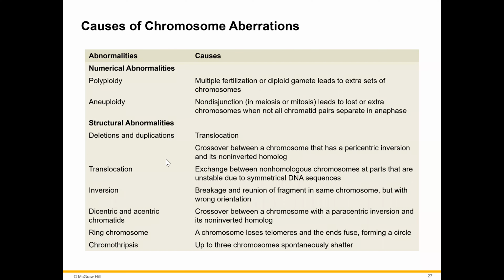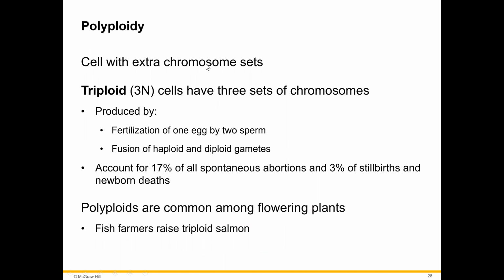So the first, polyploidy. It's a cell with an extra set of chromosomes. It can be a triploid, for example. Cells have 3 sets of chromosomes. They are produced by fertilization of 1 egg by 2 sperm, for example. So if you have an egg with 23 chromosomes, and 1 sperm fertilizes the egg, what fertilization means is the sperm enters the egg and brings the genetic material.